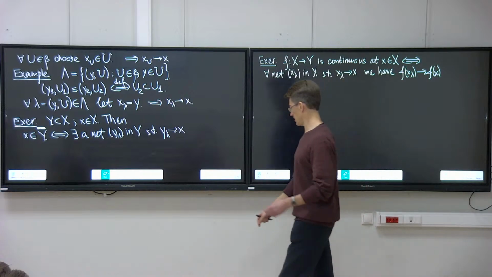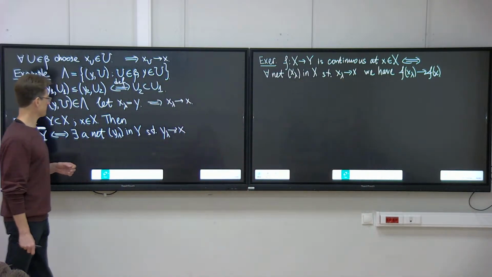This is a continuity criterion in terms of nets.